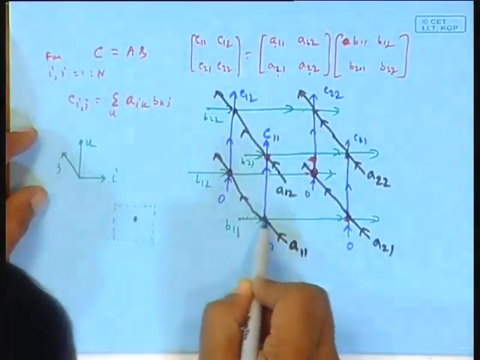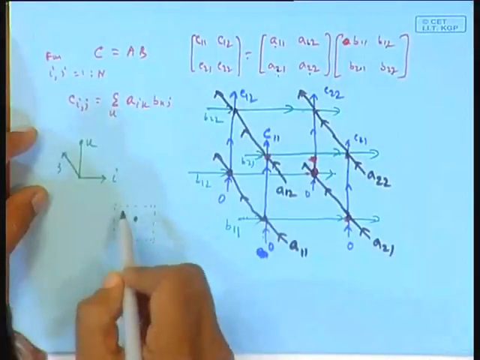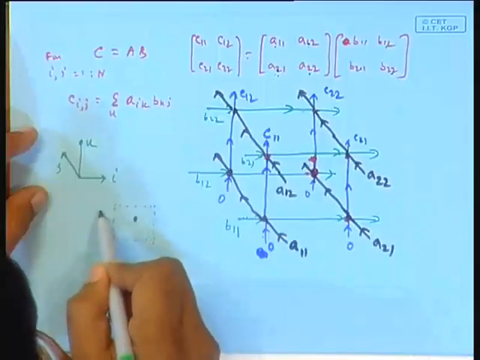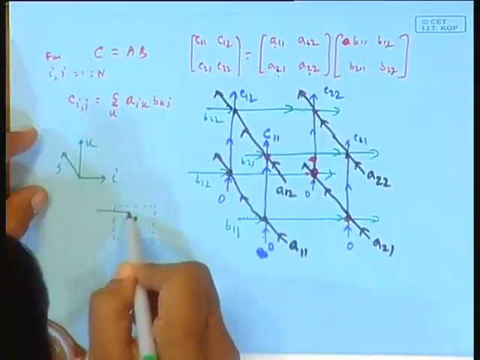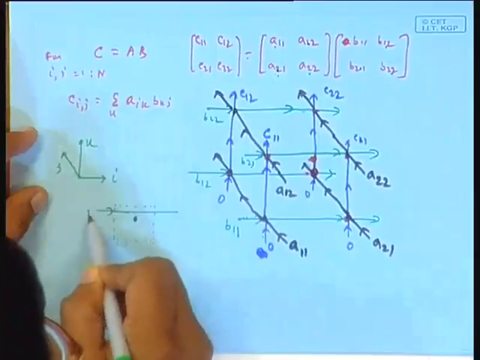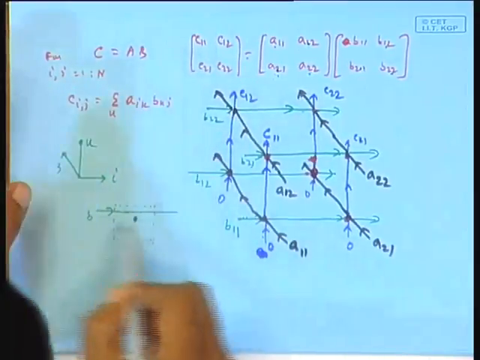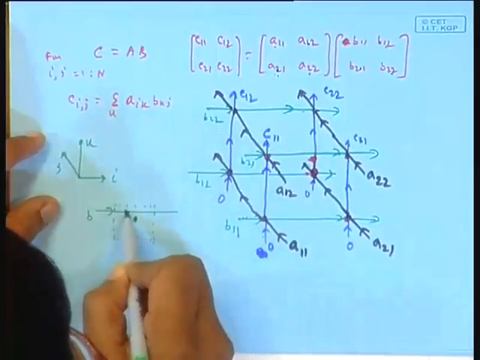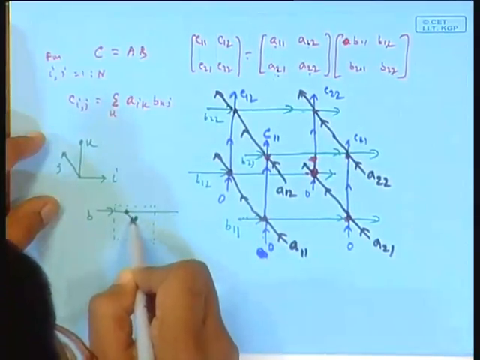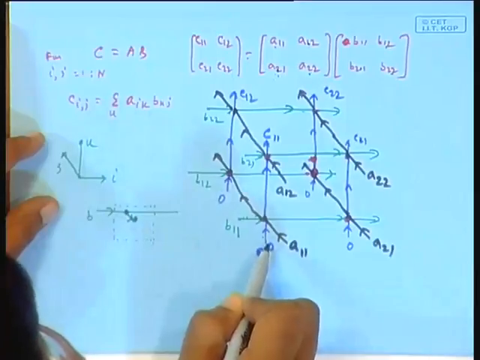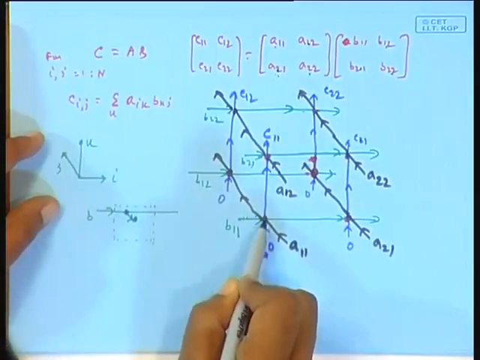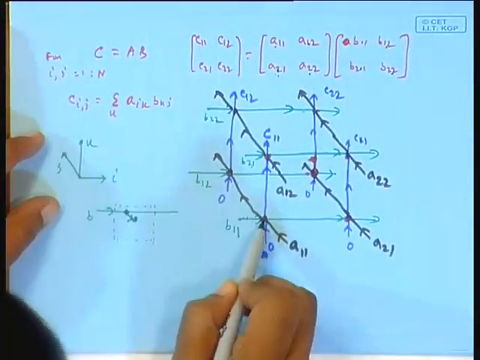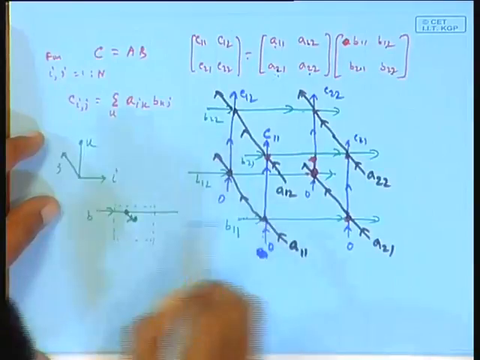There is one line for B. The B signal goes down this line, and there is a branching node that only connects this to this node, because this information is needed by this MAC processor.